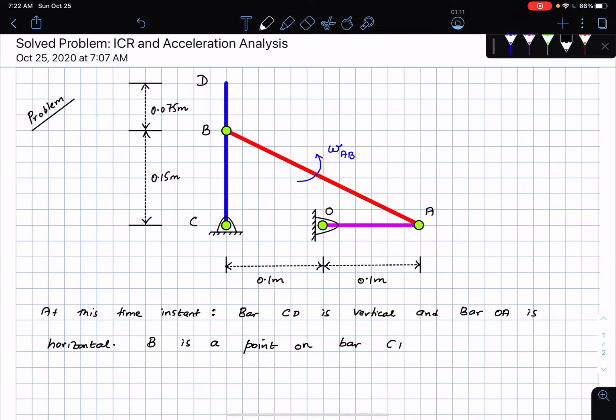It looks like an O. All right, so at that instant in time, you're told the angular velocity is so many radians per second, and you're told that it remains constant throughout motion. Okay, angular velocity of link AB is constant at 40 radians per second throughout motion.